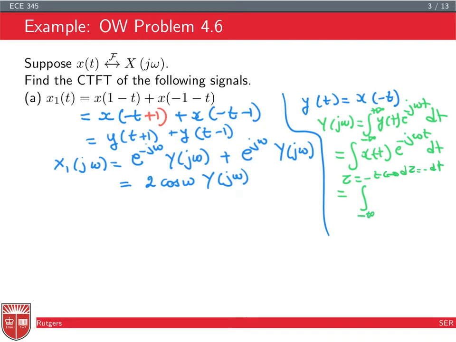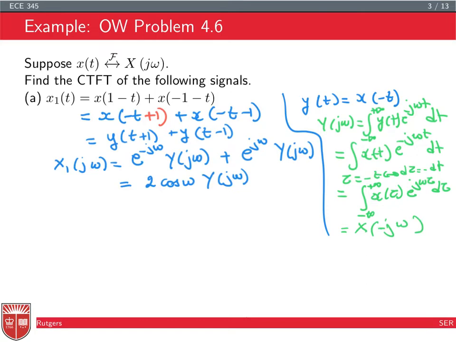The boundaries stay the same, minus infinity to plus infinity, and this is equal to the integral of x of tau e to the j omega tau d tau. So this is equal to the CTFT of x, but where omega is replaced by minus omega.